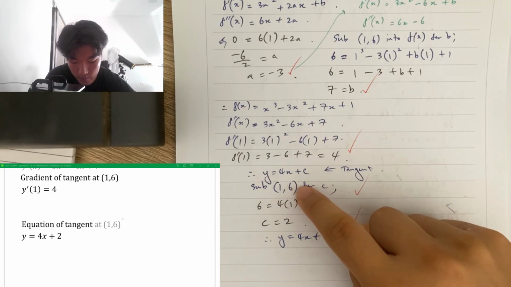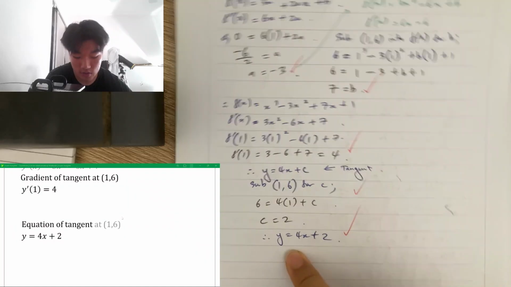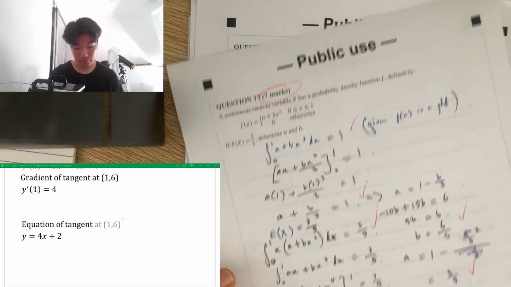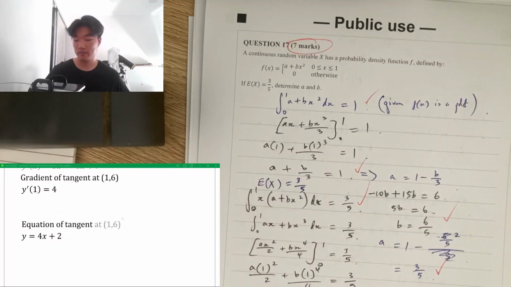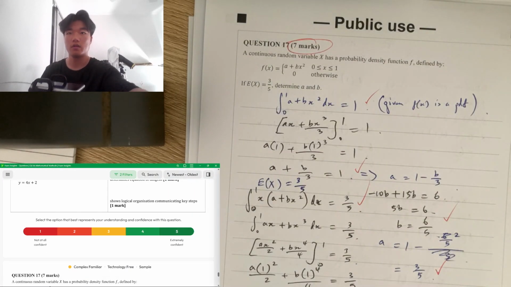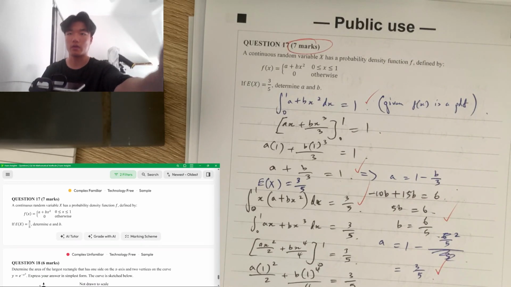We work out c, which we get is 2. So the tangent becomes y equals 4x plus 2. Okay, the last mark was logical organization, which I believe I did.